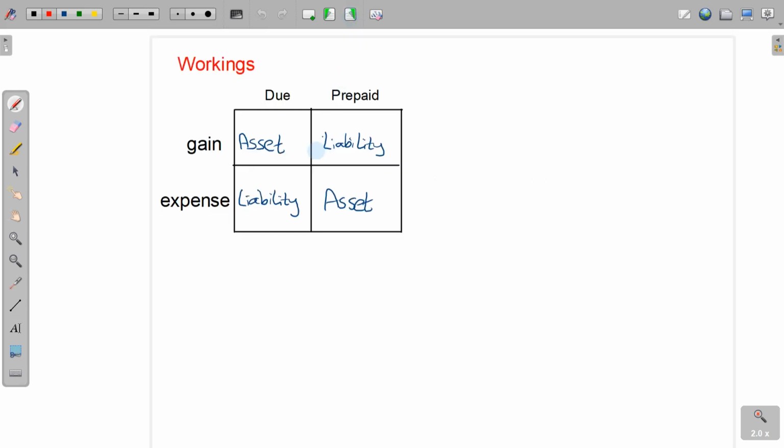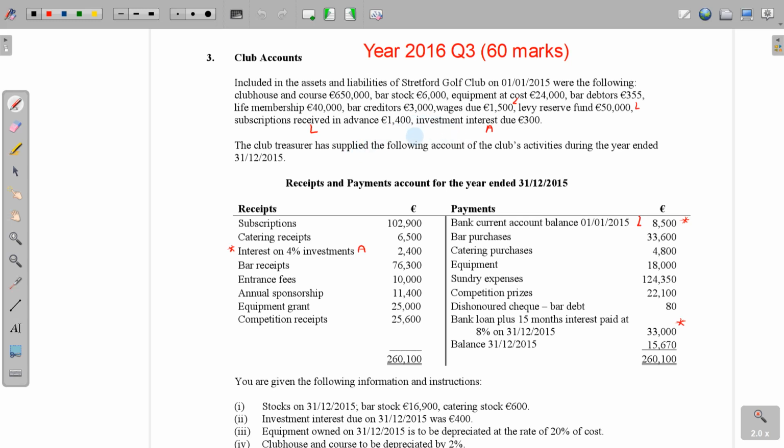So our workings will be investments. So this is what we actually received. So we received 2,400. So we know we received that amount this year. That's essentially what the investment company had paid us. Now, we already know that we were due 300 from last year.